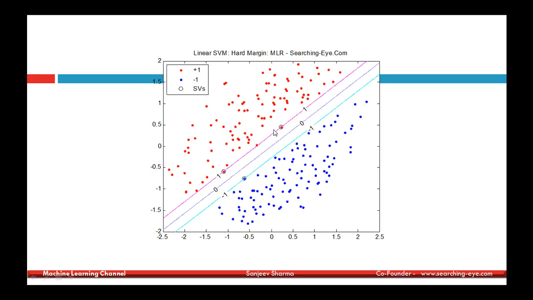That means they are equidistant from the line y(x) = 0, represented by this 0 symbol. This blue line is y(x) = 0, this line is y(x) = 1, and this line is y(x) = -1. So the perpendicular distance between the pink line and the blue line is known as the margin, and SVM tries to maximize the margin, therefore it is known as a maximum margin classifier.